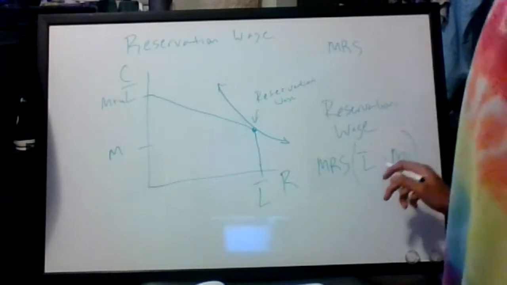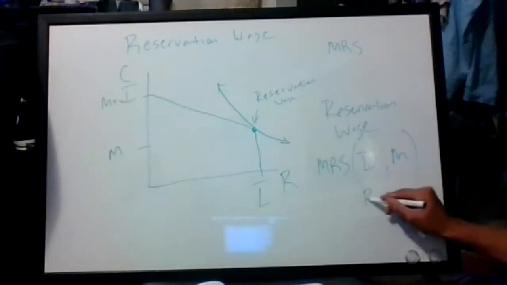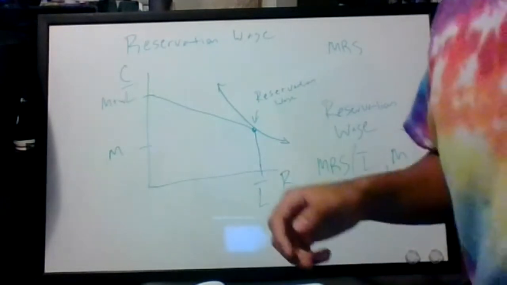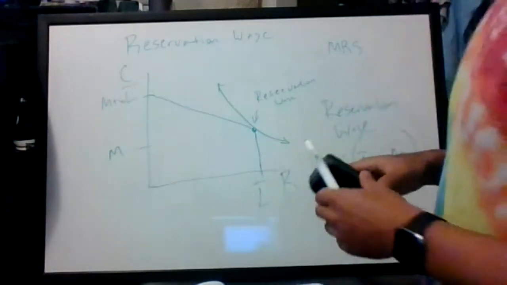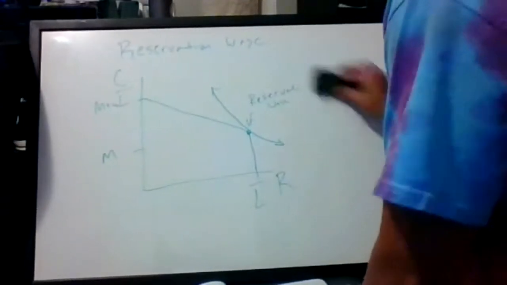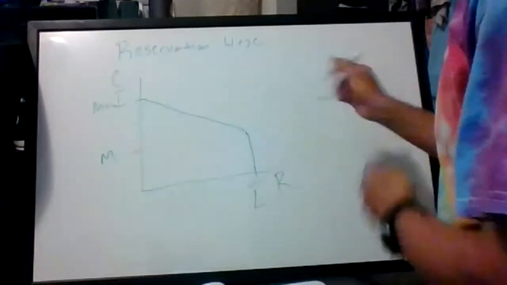And so these are going to be the values that we're going to plug in for R and C, right? And so let's graph out a possible scenario that we can be working with. So let's just erase this real quick, and then we'll provide a hypothetical scenario.